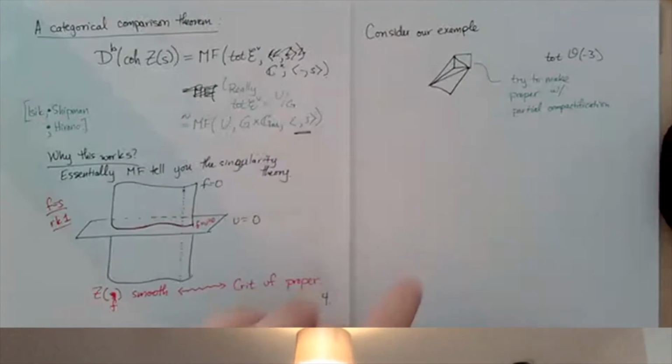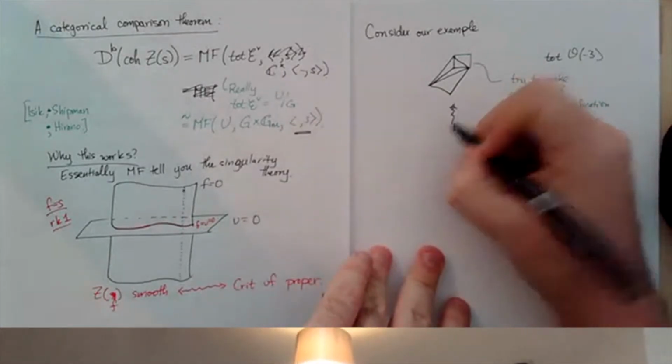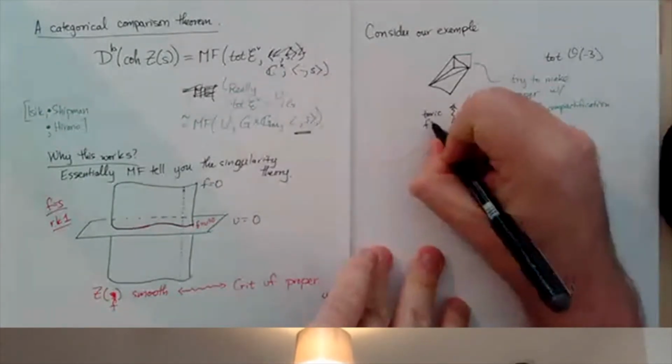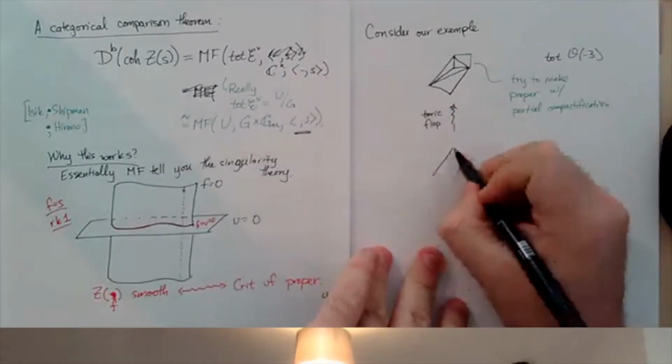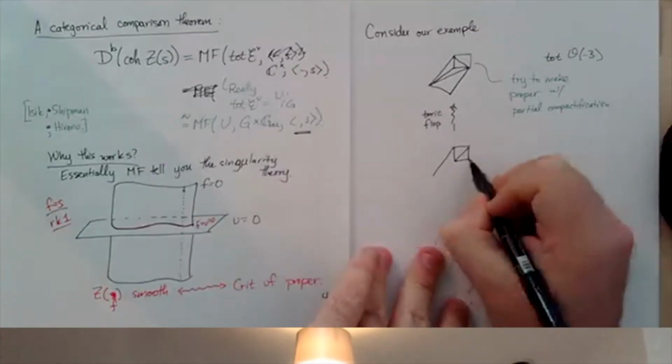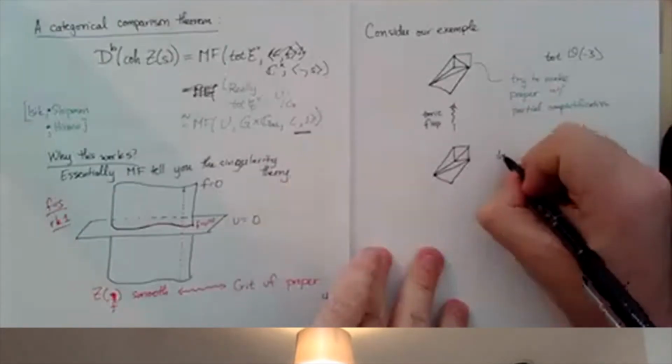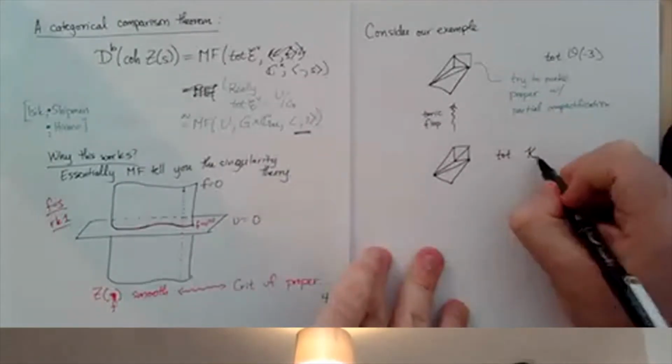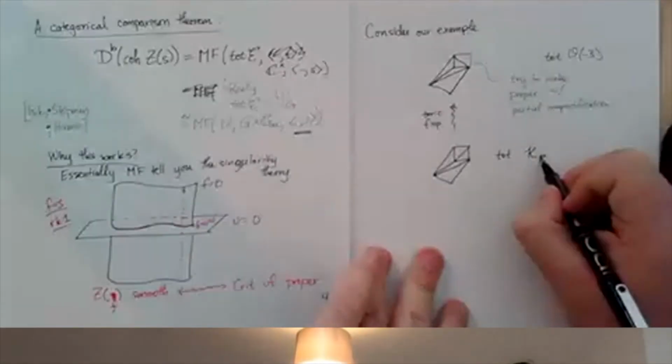Okay. Now this looks kind of weird because it was a total space and now it's not a total space, but this relates to a different total space. So if I take some type of toric flop, then I end up with this kind of variety. So I get this fan. And then this is the total space of the canonical bundle on the blow up at a point in P2.